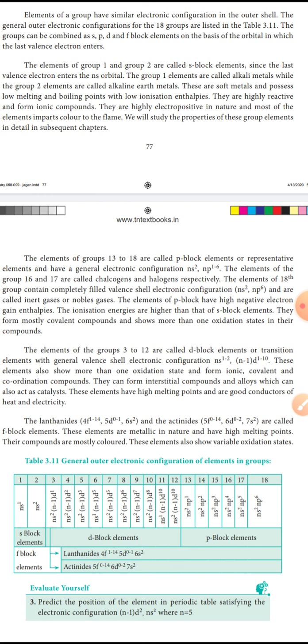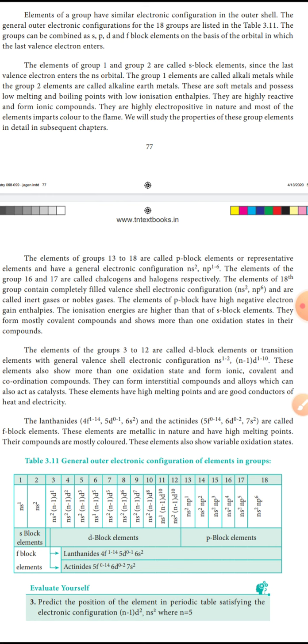The elements of the 18th group contain completely filled valence shell ns2 np6. The 18th group elements are called inert gases or noble gases.